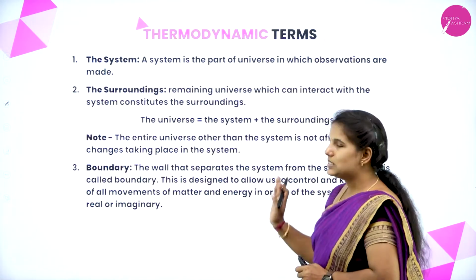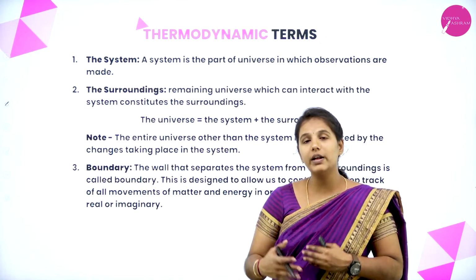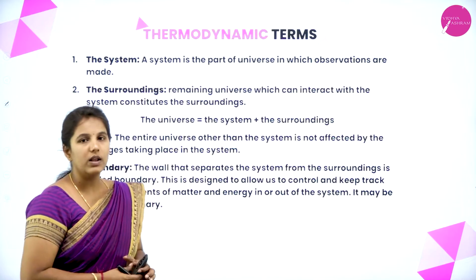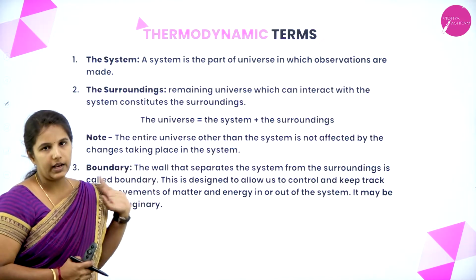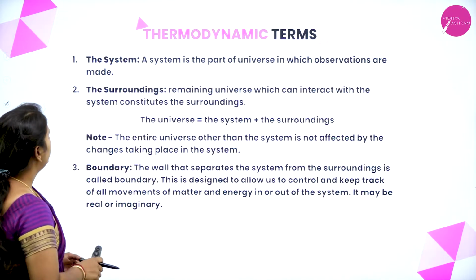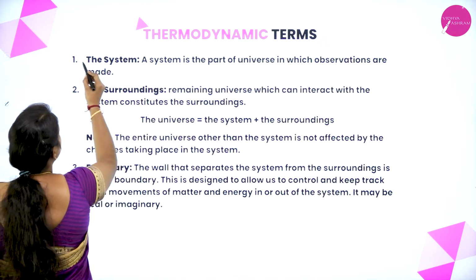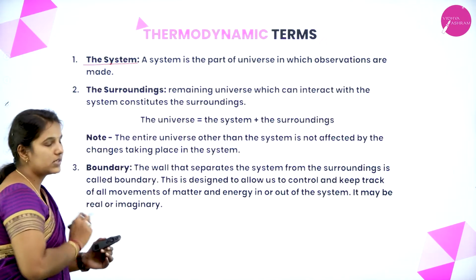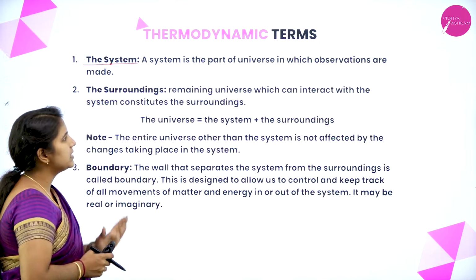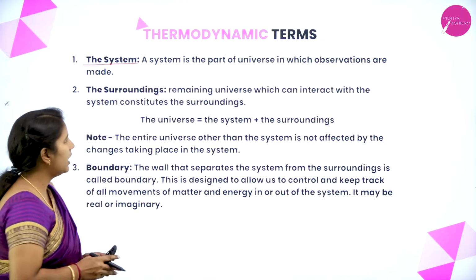Let us now understand the different terminology which we use repeatedly while studying thermodynamics. These are the thermodynamic terms. The first important term is a system. A system is a part of the universe in which observations are made.